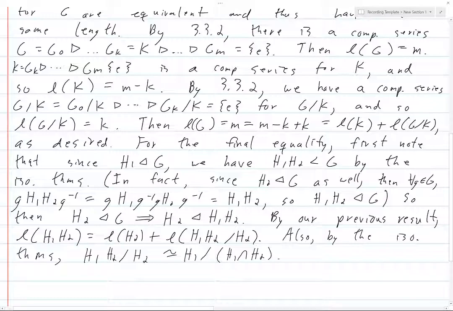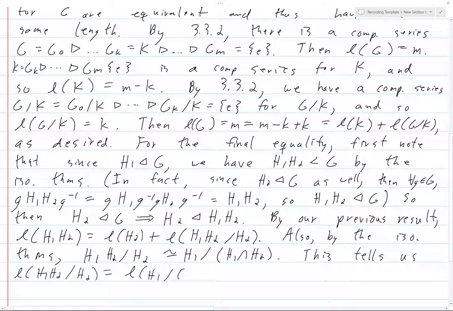This tells us that the length of H1 H2 mod H2 must be equal to the length of H1 mod H1 intersect H2, as well as something else. Now what this says is that H1 H2 mod H2 is isomorphic to this quotient here.